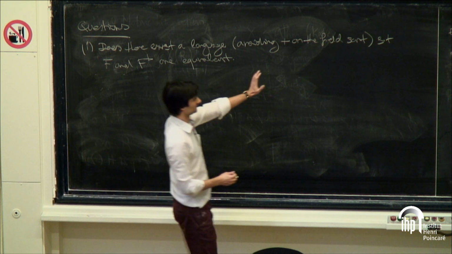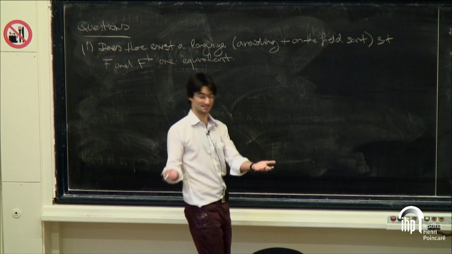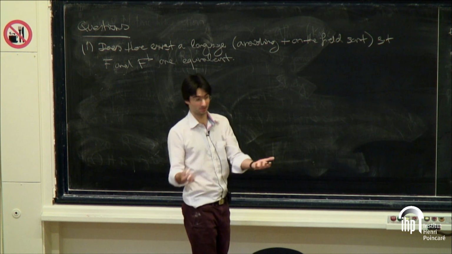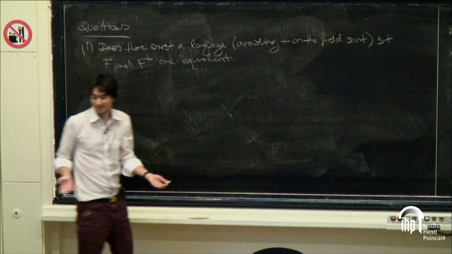One clearly has to avoid addition on the field sort because we allow the case that F is characteristic 0 and F tilt is characteristic p. So somehow you've got to discard that phenomenon.